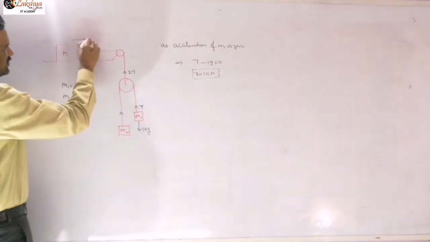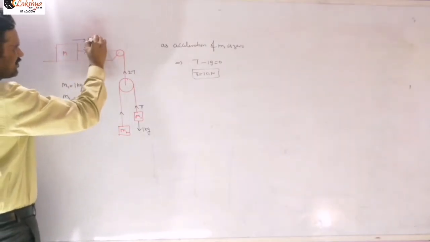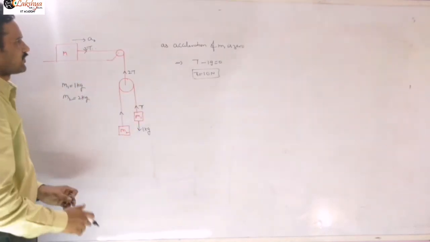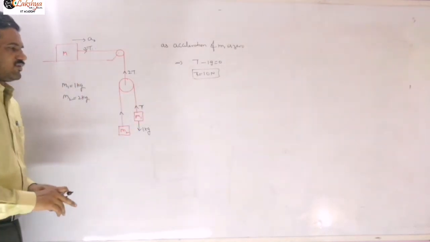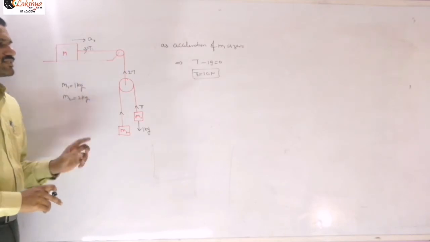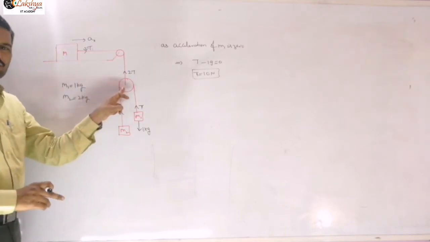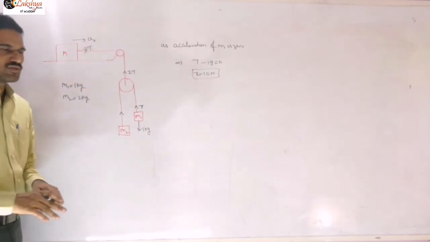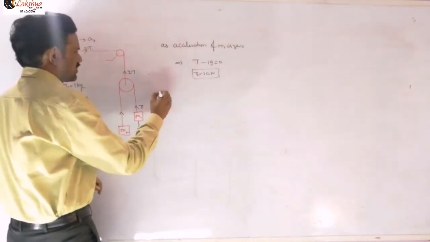Now suppose it is moving with some acceleration a naught. I am assuming the acceleration of that block as a naught. Then the acceleration of this pulley should also be a naught only. If the block is moving this side, then the pulley also comes down. So first let us write the acceleration here.